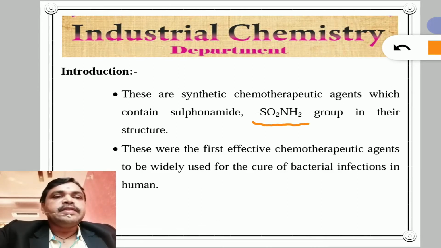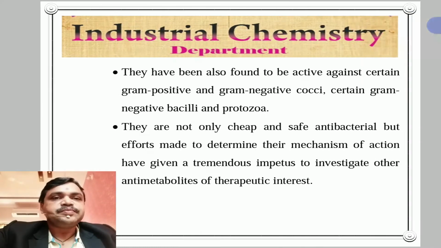These were the first effective chemotherapeutic agents to be widely used for the cure of bacterial infection in humans. They have also been found to be active against certain gram-positive and gram-negative cocci, certain gram-negative bacilli and protozoa.